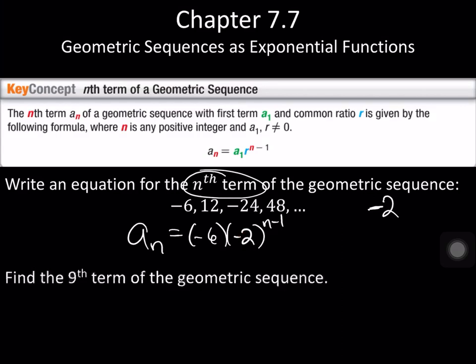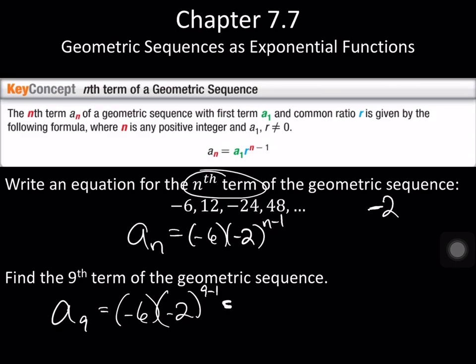So if I wanted to use this formula now to find the ninth term, that means that n equals 9. So all of a sudden this becomes a sub 9 equals negative 6 times negative 2 raised to the 9 minus 1 power. And order of operations is going to come into play here.